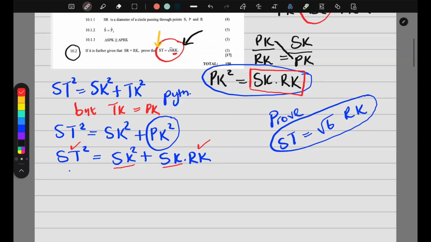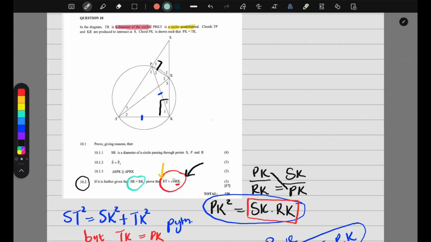Let's go to the information. Our information said that SR is equal to RK. So I'm going to write this down. SR is equal to RK. So this whole SK, do you see that whole line? This whole SK, this to this, consists of SR plus RK. I'm just saying it's this plus that.